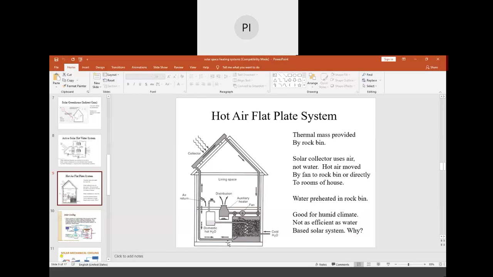That air comes out, and here we are using cold water. The cold water absorbs those hot radiations or hot vapors.